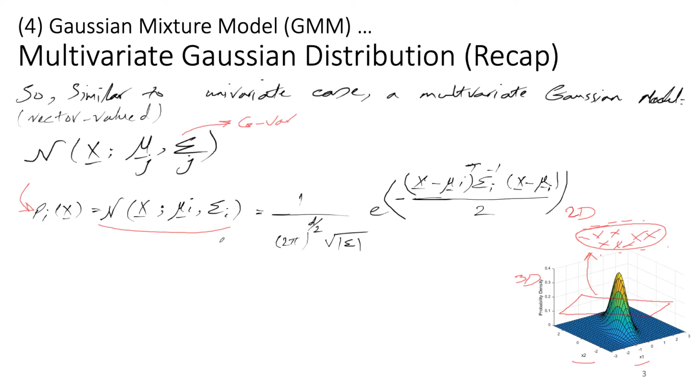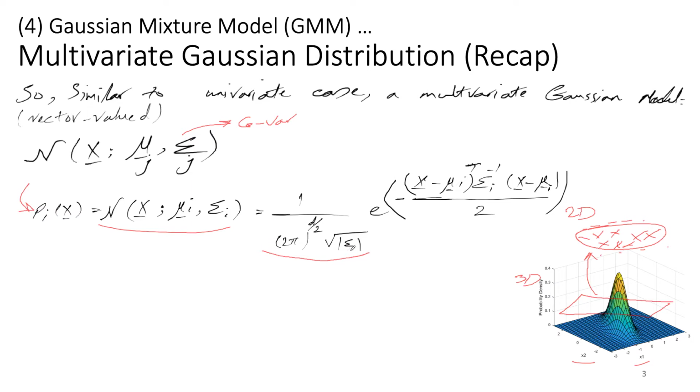Okay, and just like before, you're going to have again a normalizing constant. This has been raised to d divided by 2, as if you do the square root, right?